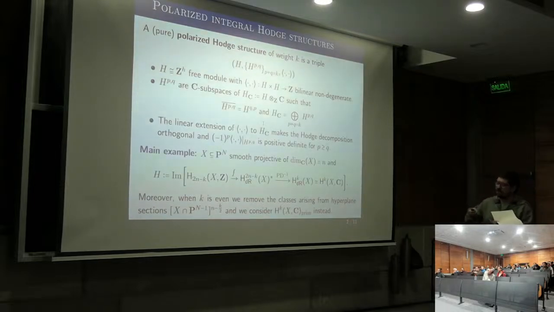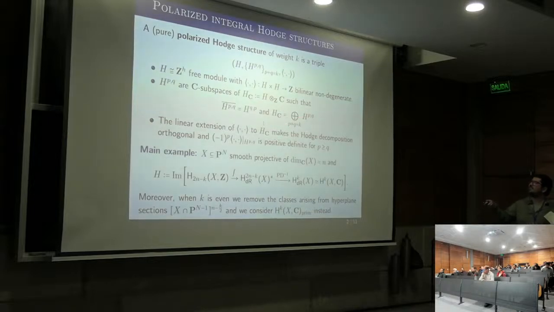And also when you complexify this module, you have essentially the cohomology with complex coefficients, right, more or less, by Poincaré duality. And you have the Hodge decomposition theorem. So essentially you have this vector space that can be decomposed into subspaces, and they are conjugate to each other, right?